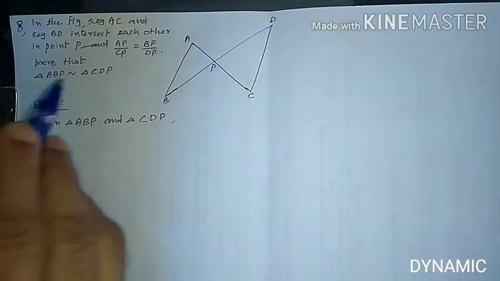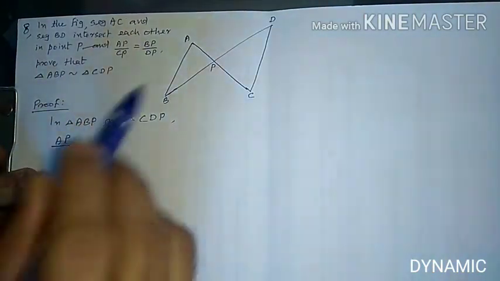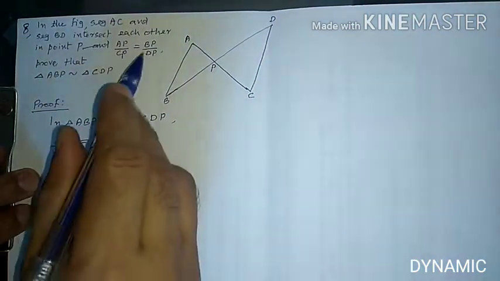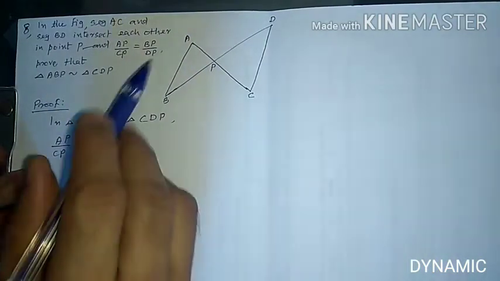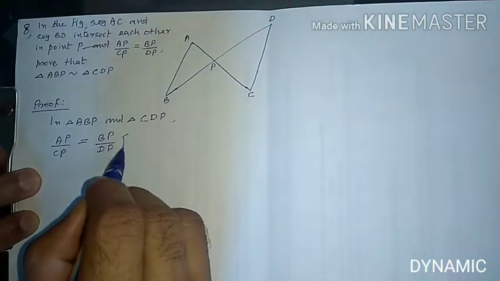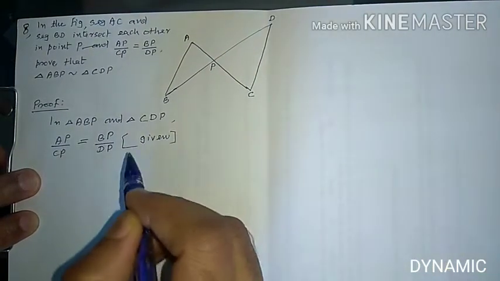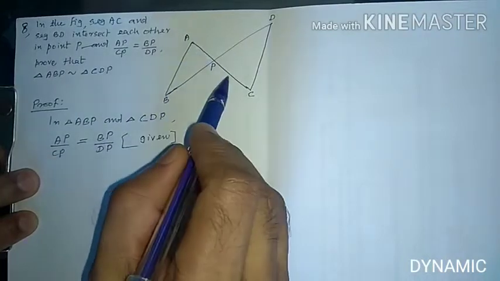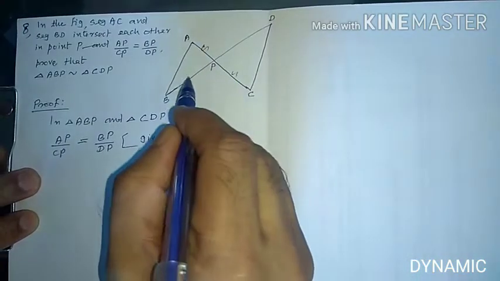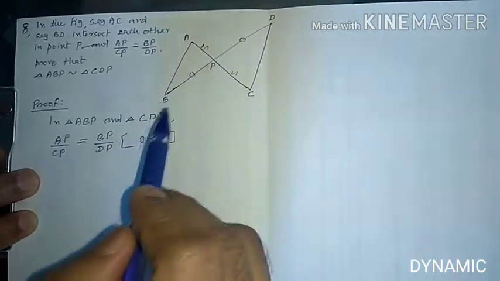Now what they are saying, first of all the given one we write: AP upon CP is equal to BP upon DP. What is the reason here? Directly given. Look here, these two sides upon these sides, the ratios are equal.